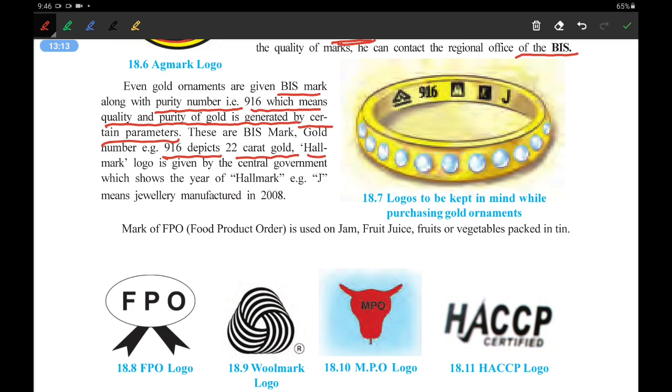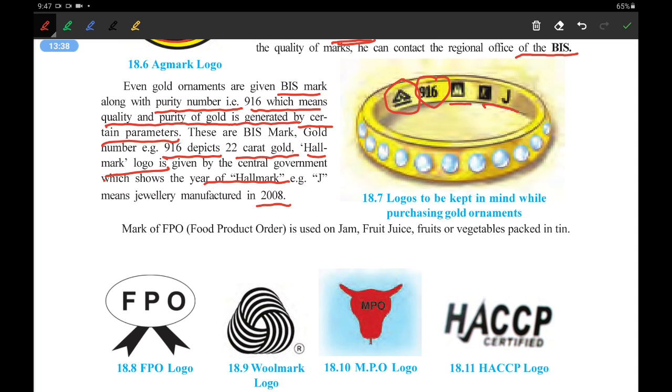Okay, and there is also a hallmark logo. You can see in this gold, right? This is the BIS mark, the 916 mark, and the hallmark, and the name of the jeweler is also provided, right? See, it also shows a hallmark. J means jeweler, manufactured in 2008. So that also tells you about the year when this jewelry was produced.